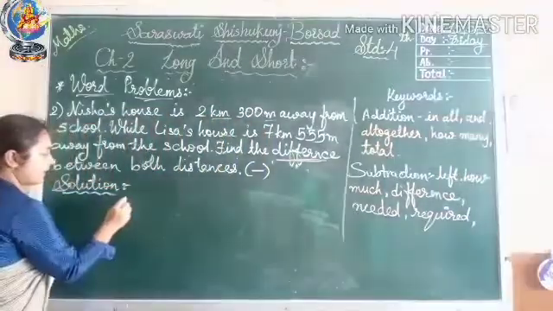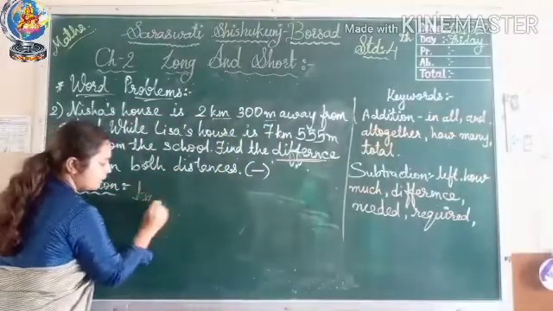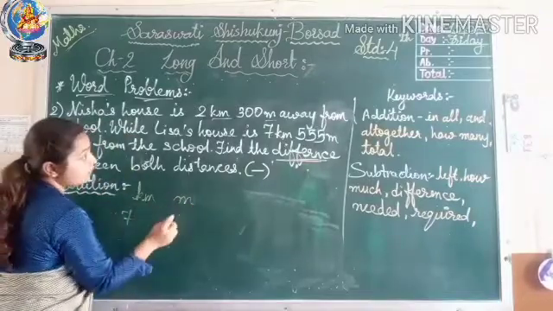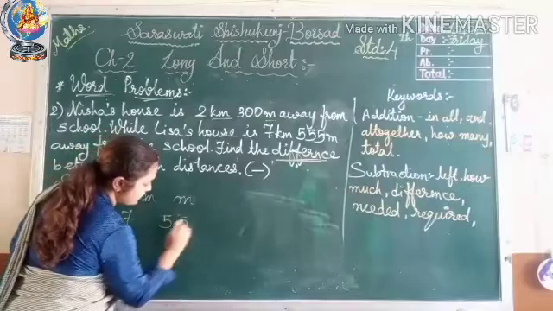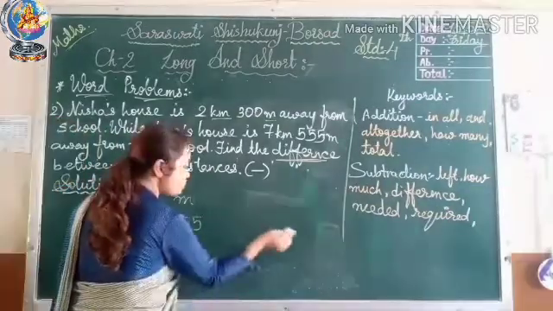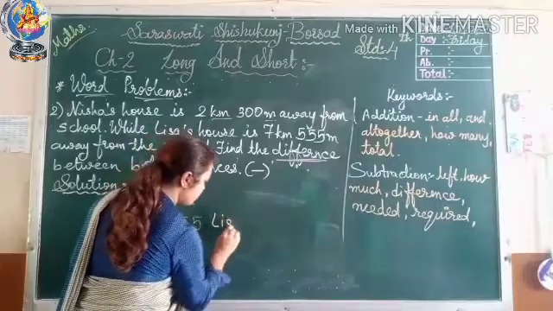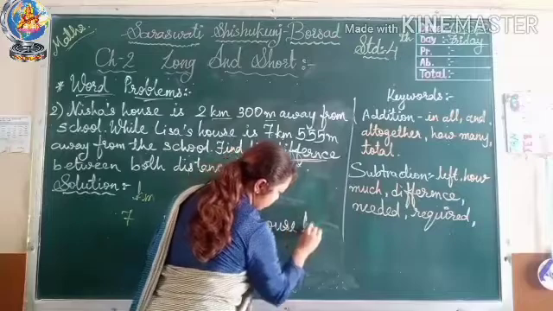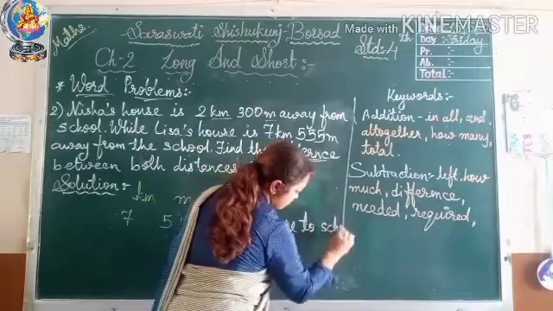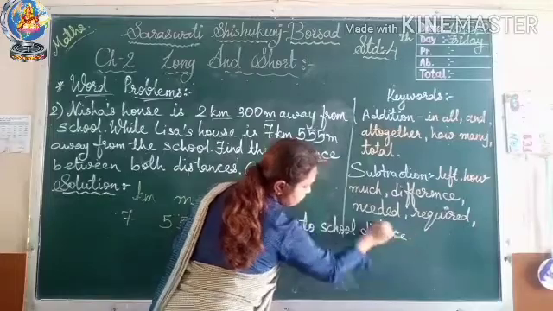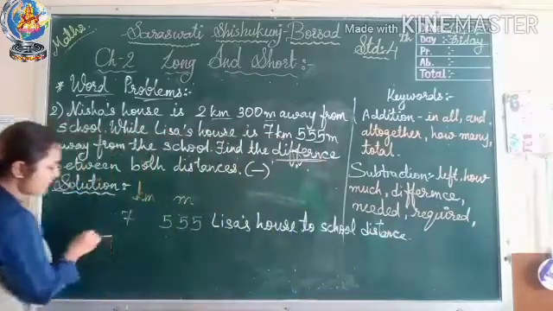First of all we write kilometer and meter, then 7 kilometer 555 meter, Lisha's house to school distance, and a minus sign here.